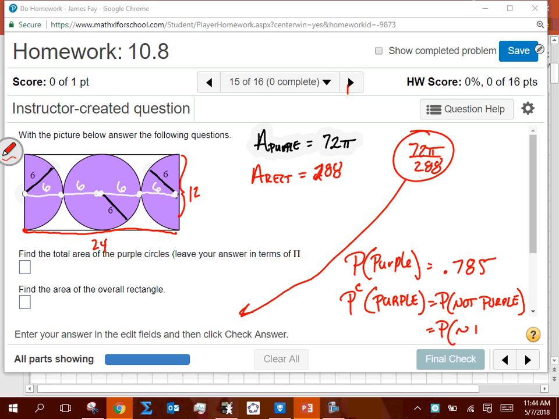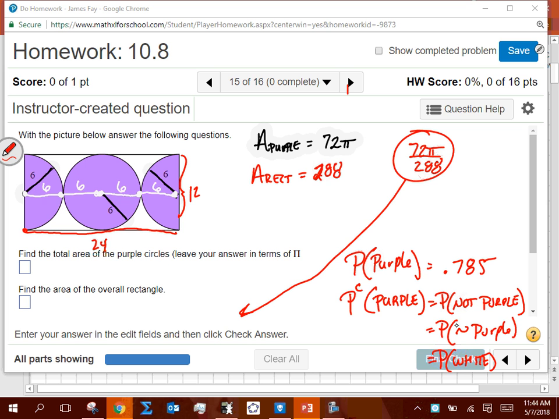Remember from contrapositives and inverses that that symbol means not, or the negation. And ultimately for us, it'd be the same as the probability of white, correct? So all 4 of these things say the same thing.